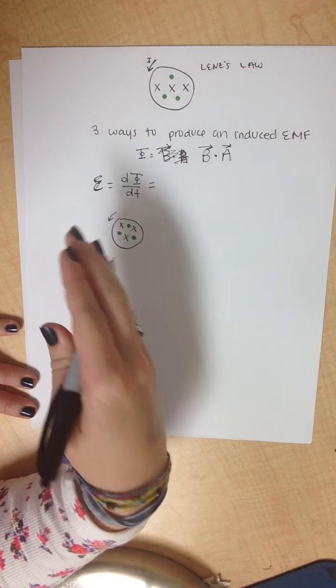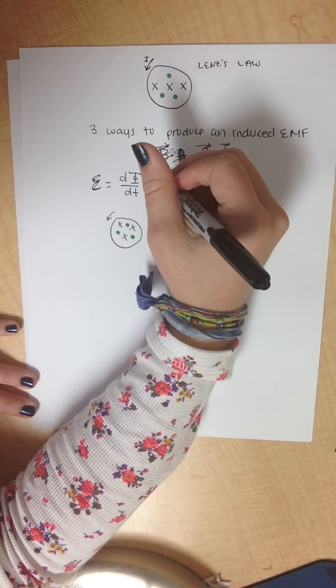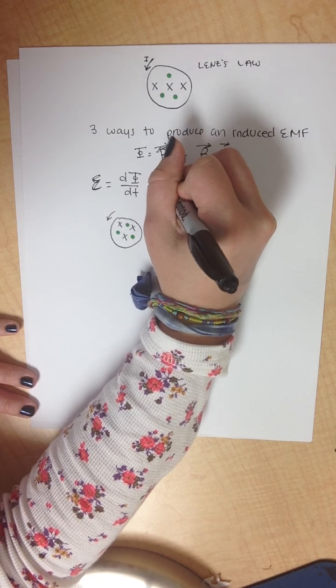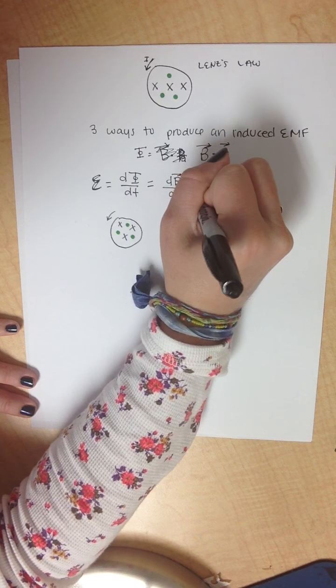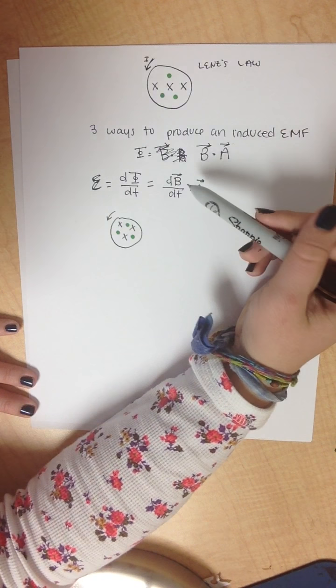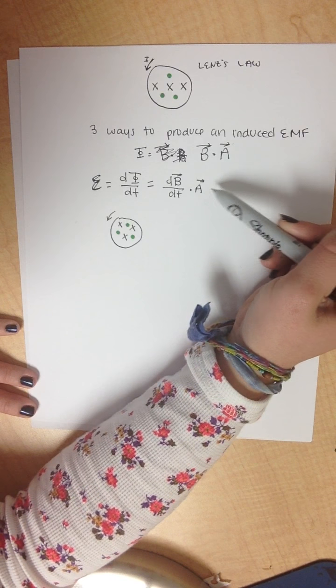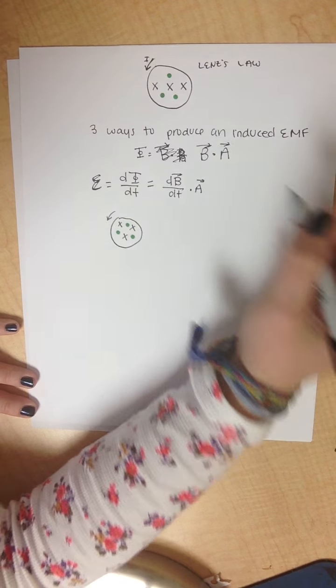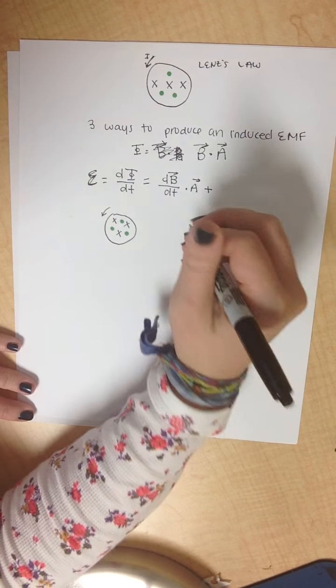So this just simply means that there's going to be a change in current, which is voltage. So this is equal to dB/dt dotted with A. So the change in magnetic field over the change in time times the area, which is unchanging.